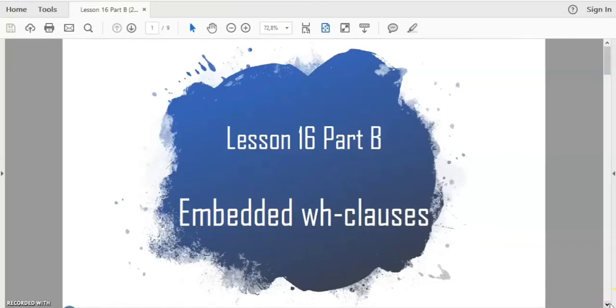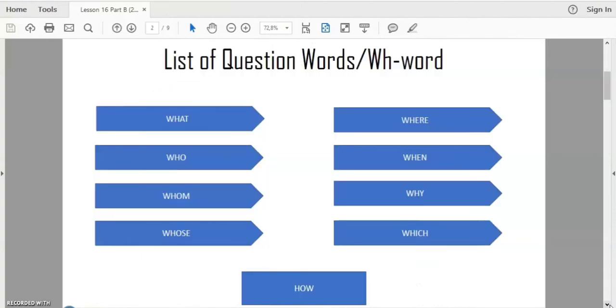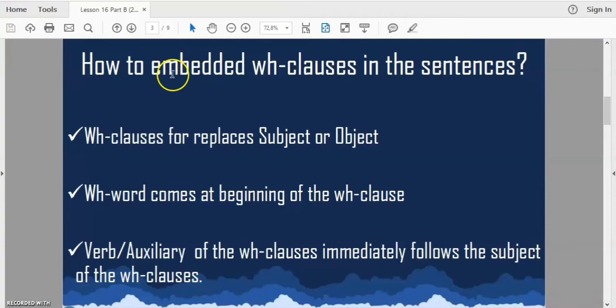Hello everyone, here I will continue the explanation. But before we go to my explanation, let me remind all of you of the kinds of WH words or WH questions. There are nine: what, who, whom, whose, where, when, why, which, and how. And then how to embed WH clauses in sentences.